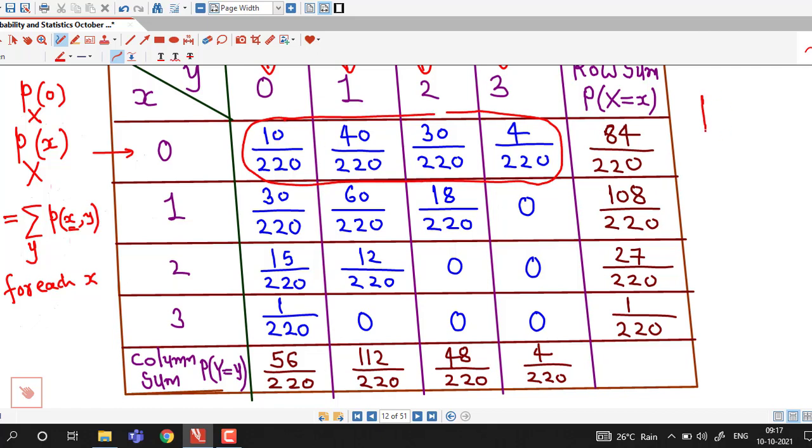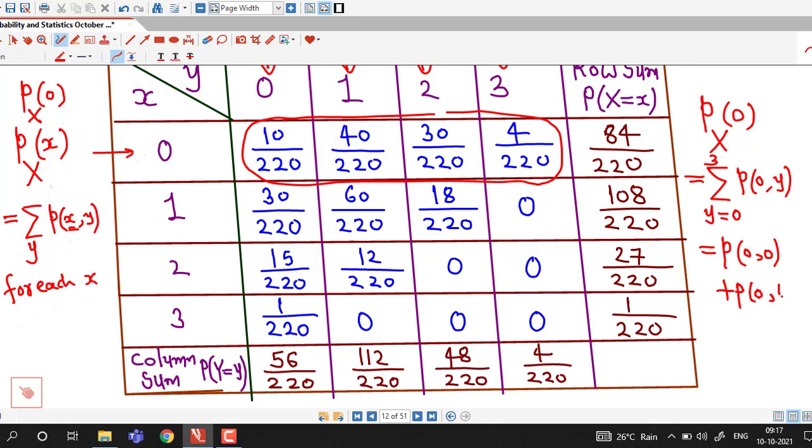For example, I can write this as the sum of p of x, y, where x is fixed here and I vary y, and y runs from 0 to 3. That means I am summing p of 0 0 plus p of 0 1 plus p of 0 2 and p of 0 3.